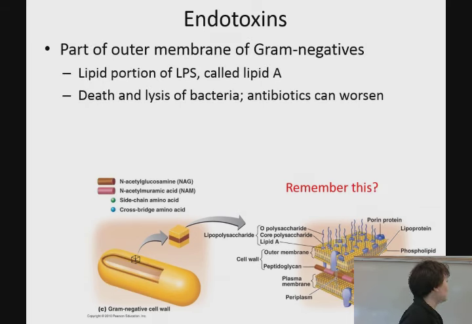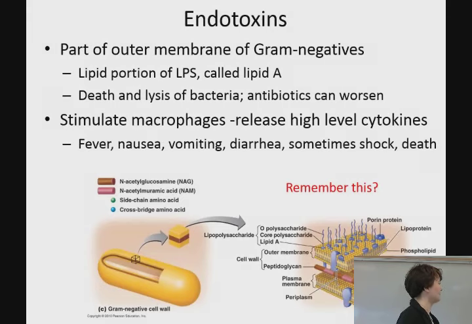Because this doesn't have an effect unless it's being released by a dying cell, the worst symptoms will happen when the cells are dying, either because our immune system's fighting them or because we're hastening their death using some kind of antibiotic. This is why, if you're treating somebody with a gram-negative bacterial infection, antibiotics can temporarily make that situation worse.